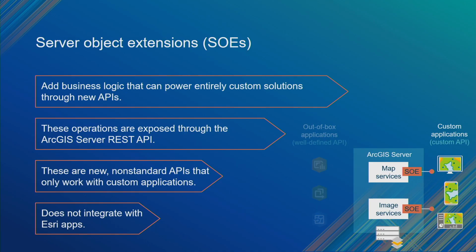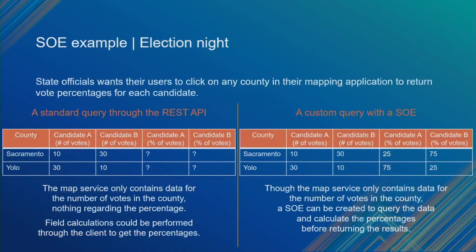Since SOEs run on the server, they can handle large data sets and perform intensive computations very efficiently. And these are only for map services. They're not for image services. That's a little caveat there. But they can be written for a one-to-one or a one-to-many in terms of services. So you have that option when working with SOEs.